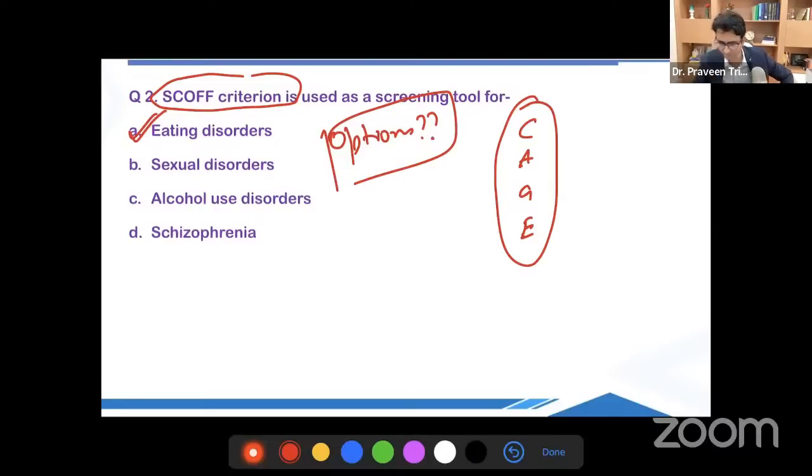These are difficult questions. Okay, mental health was there. Eating disorder, sexual disorder, mental health disorder, and behavioral disorder. Was alcohol in the options, guys?